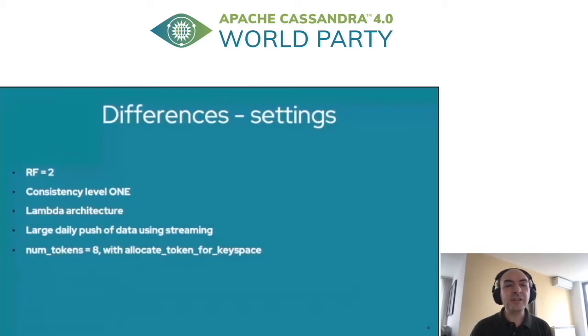And we are using vNodes with the token allocation algorithm. With replication factor 2 and the usage of vNodes, there is a significant probability for nodes from different racks or different availability zones in AWS to share data.